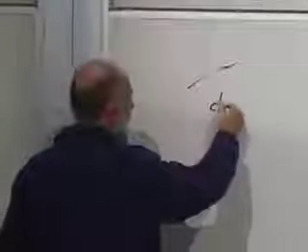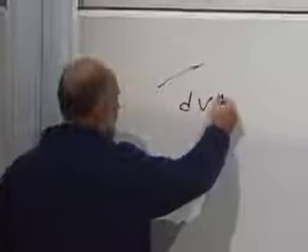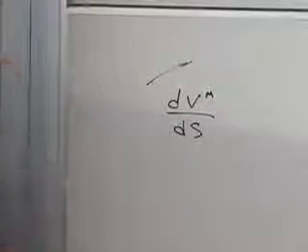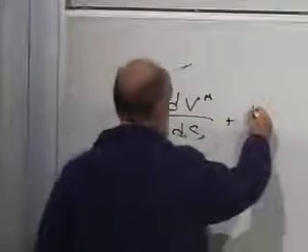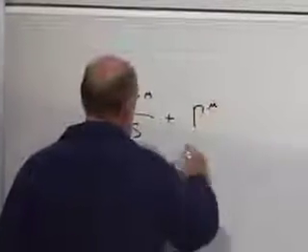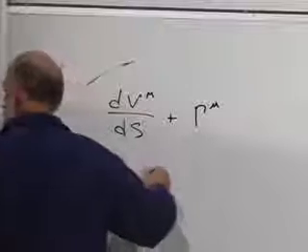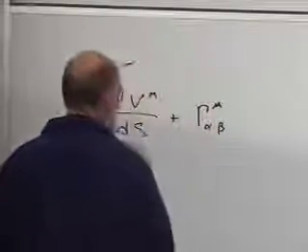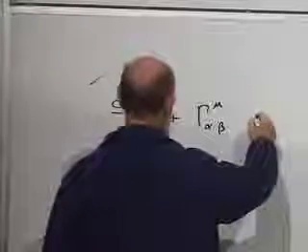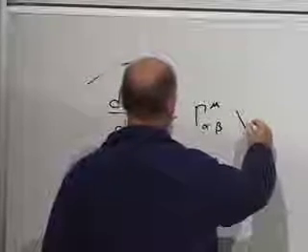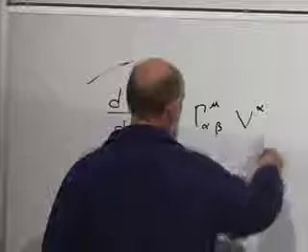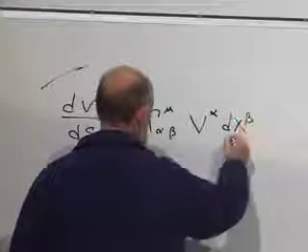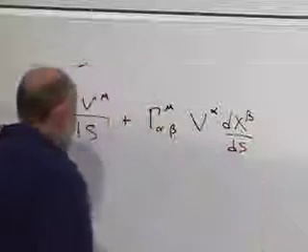It's something like dv mu by ds, s is length along the curve, plus gamma mu alpha beta times the v alpha times the tangent vector dx beta by ds.